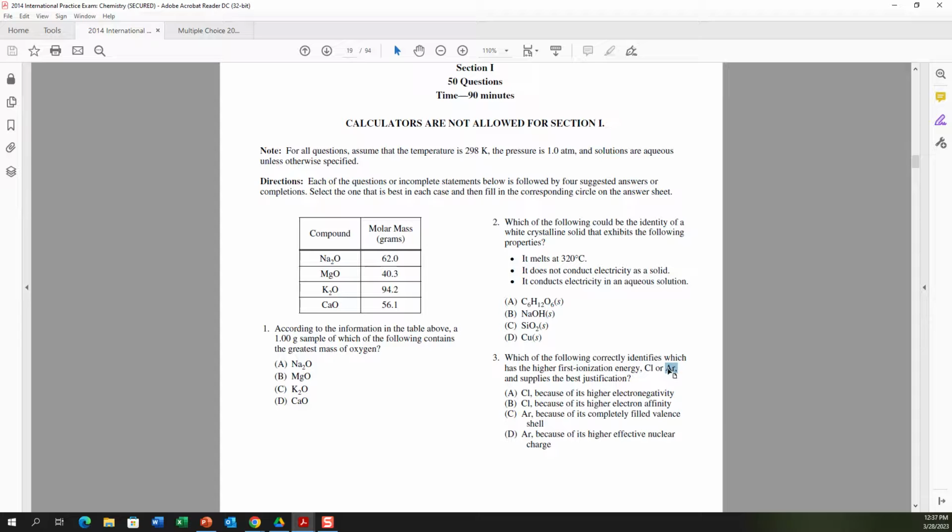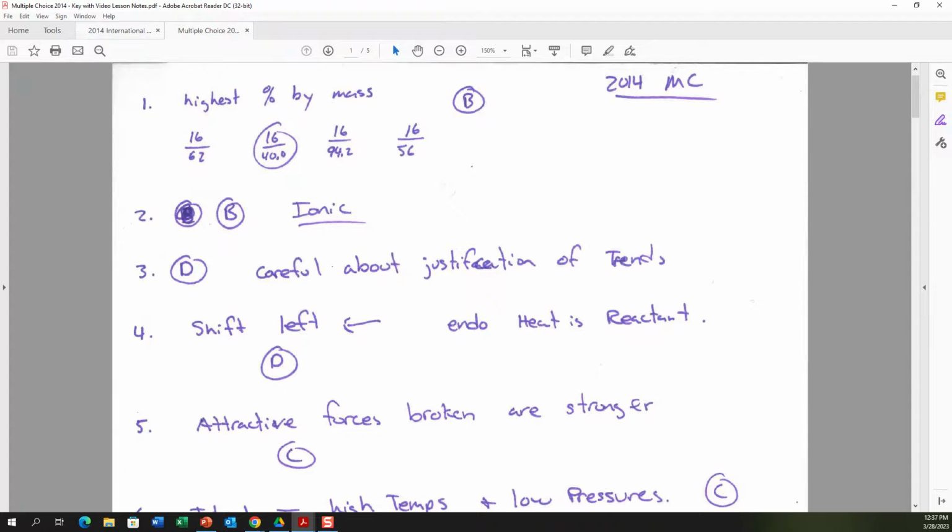So argon has the greatest first ionization energy, because it has 1 more proton in the nucleus. So we know the answer is not A or B. Argon, because it has a completely filled valence shell? No, that's not the reason. Argon, because of its higher effective nuclear charge? Yes, it has more protons in the nucleus. So the answer is D.